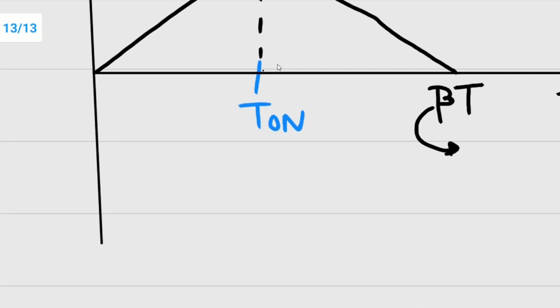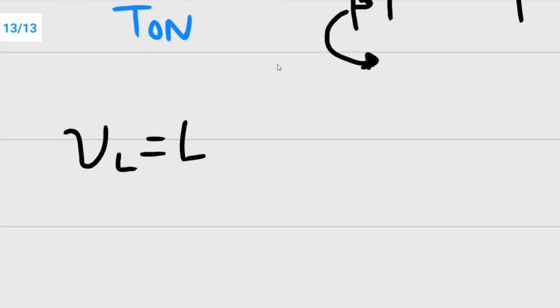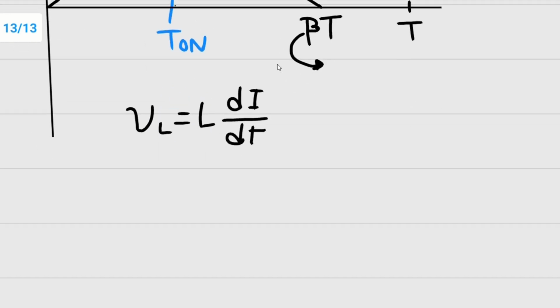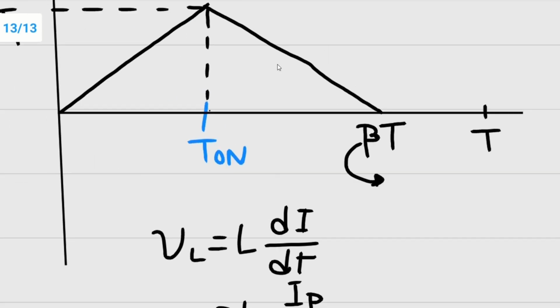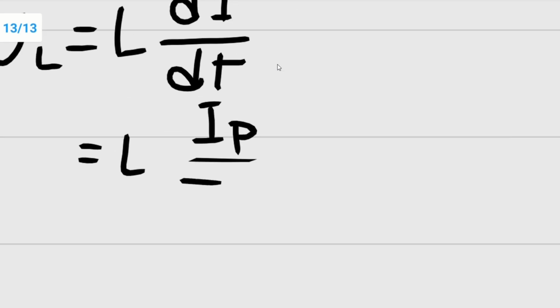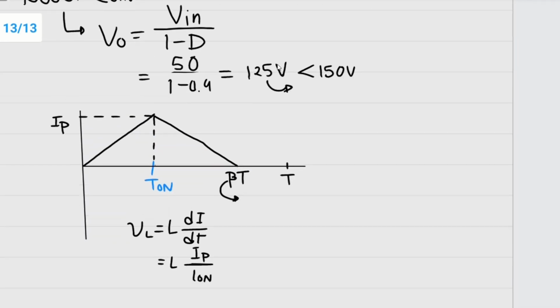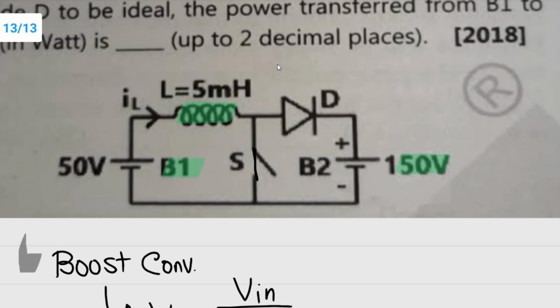Now we know that the inductor voltage is L di by dt. Here the di is nothing but IP minus 0, that means IP, and dt is T on minus 0, that means T on. The VL during T on, from 0 to T on, as the switch is closed, the input voltage is across the inductor.